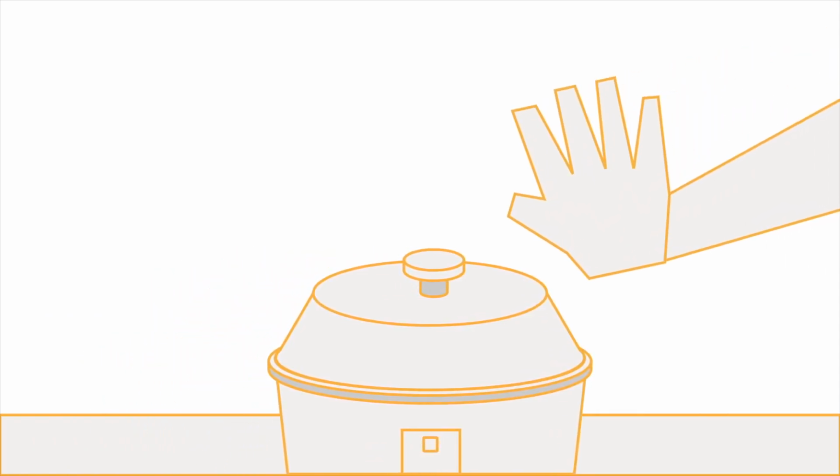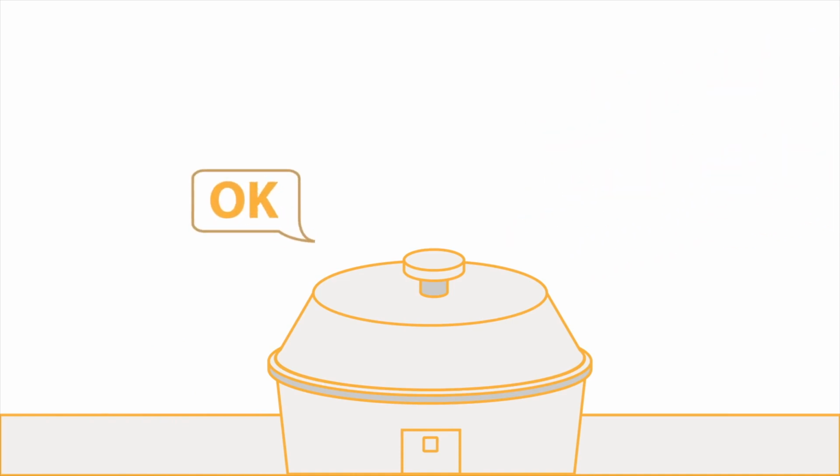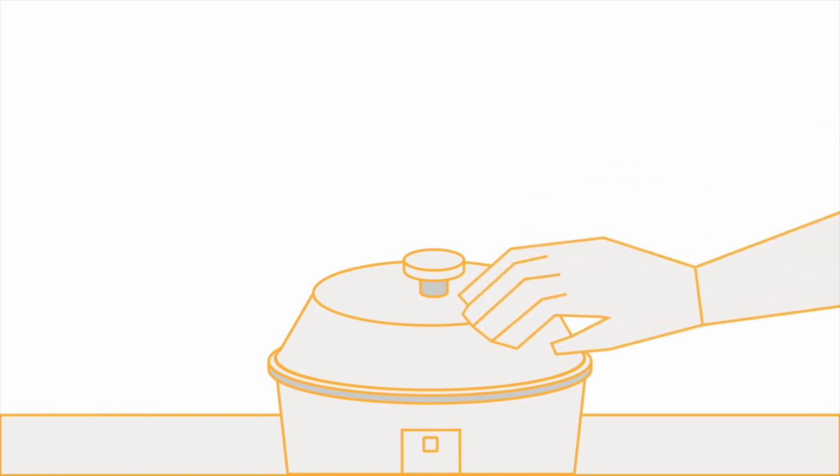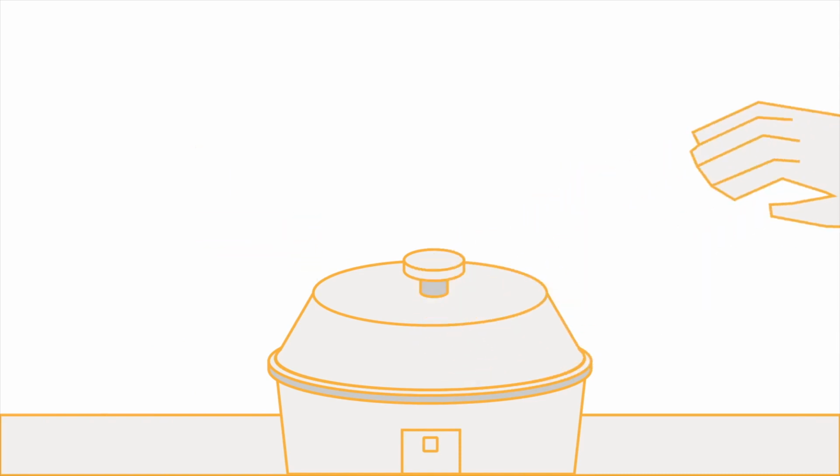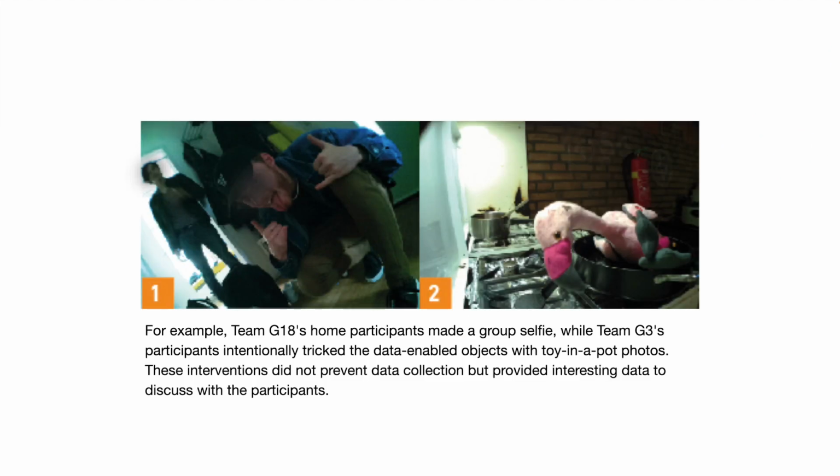And finally, we also reflect that privacy is often seen as a constraint for designers and researchers who need data. However, from our exploration with 18 teams, we found that privacy design should be seen as a driver rather than a blocker. Our student cases showed that participants can become collaborators, capturing and sharing unexpected photos with data-enabled objects.